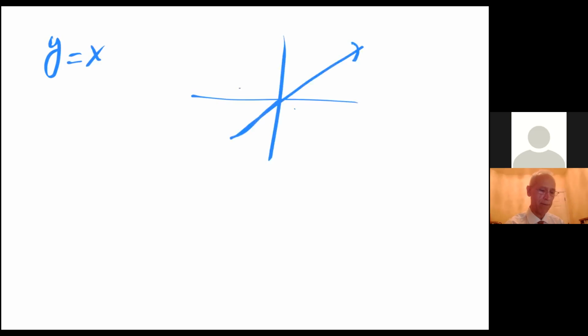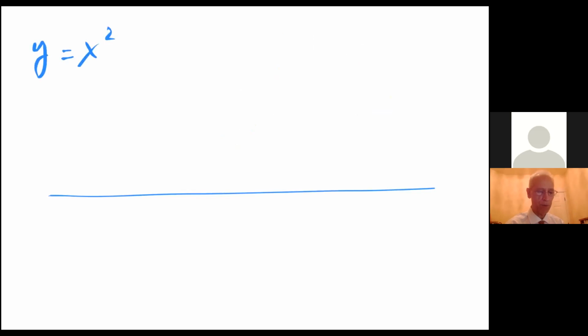Here's what I mean. Think of the first basic thing that you learned, that y equals x, and you had something like this. Here was your graph. This is your x, and this is your y. Then you learned y equals x squared. When you graph this, remember that when x is 0, y is 0, when x is 1, y is 1, and when x is 2, y is 4.